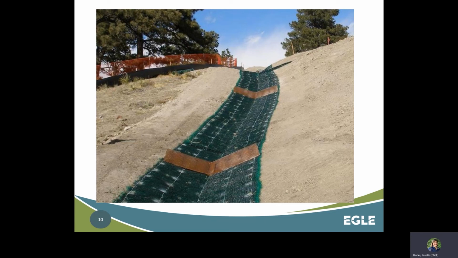When installing this product, it's important to make sure it's staked well. The product is designed so that grass will grow in the space in between the woven fabric. Make sure that the area underneath the mat is properly seeded and watered as needed in order to promote healthy vegetation.